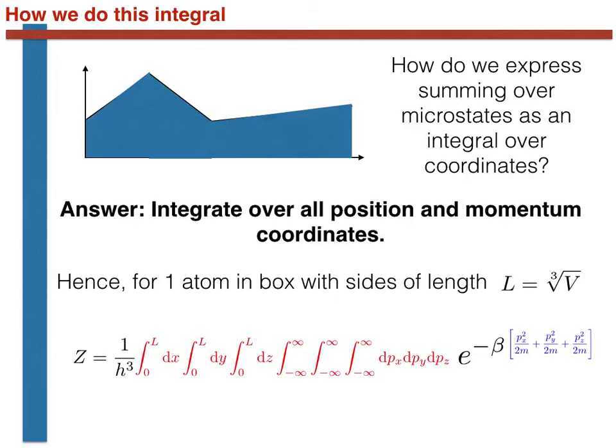As I stated on the previous slide, the momentum can take any value. The atoms can be travelling very fast, or they can be travelling very slowly, and they can be travelling to the left or the right. The integrals over the momentum coordinates thus all run from -infinity to +infinity.